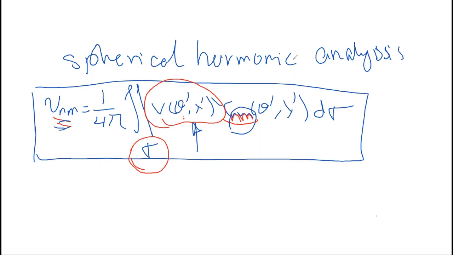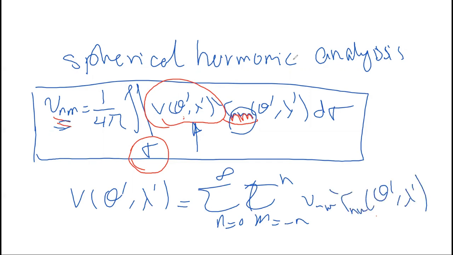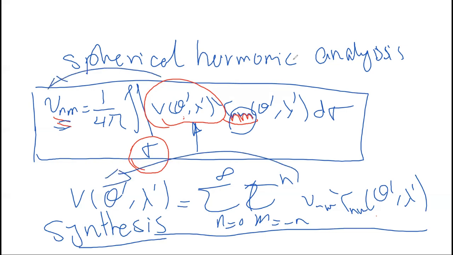And if we have the spherical harmonic coefficients, and write the summation of m from minus n to n of the coefficients times the harmonics of theta prime lambda prime, this is called synthesis. So from the spherical harmonic coefficients to the function, and from the function to the spherical harmonic coefficients.